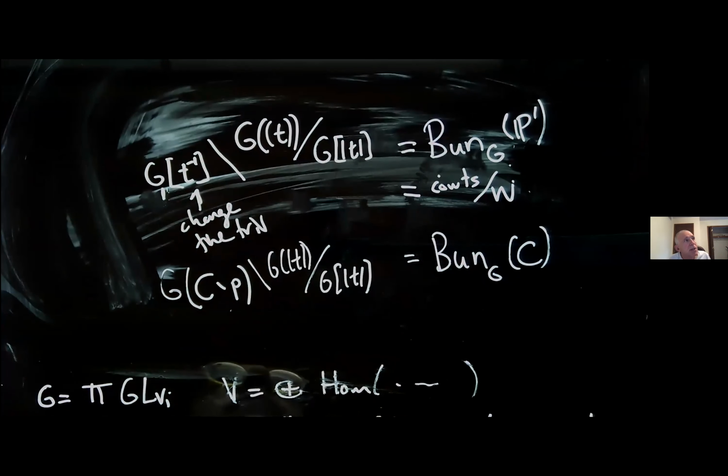I don't know how it's related to these transversal slices, but it's related to the derived category of coherent sheaves on the resolved conifold, which is a Calabi-Yau threefold.